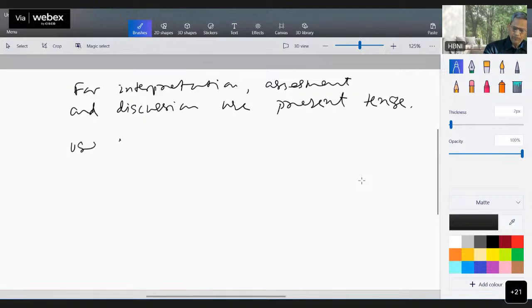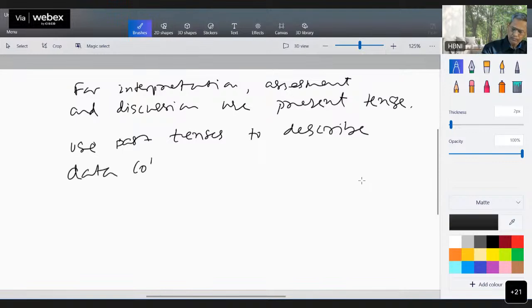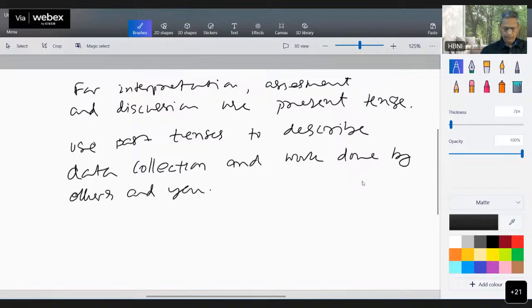Use past tense to describe data collection and work done by others and you. So you have to use past tense or present tense in such a way.